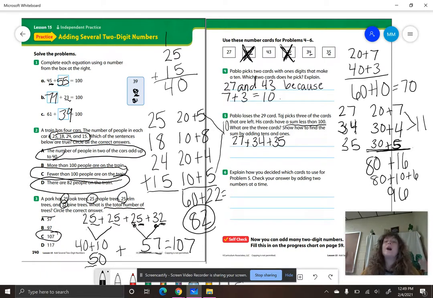So what did we have to do to find that correct answer? We had to try different things, right? We started by adding 34, 35, and 48 together. It did not work. So we tried it with a different number. We kept 34 and 35, and then we decided to add 27.